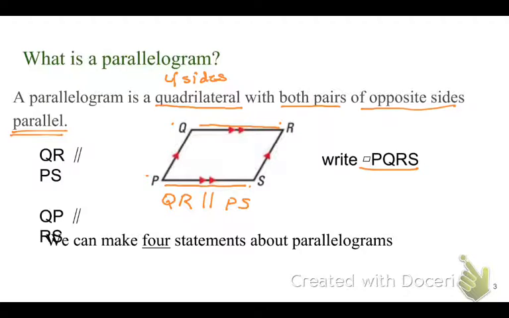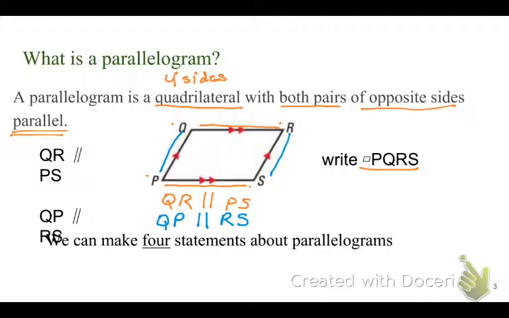It's also telling us that line QP, which is right here, is parallel to line RS. And it turns out those are very powerful statements when you have those two lines being parallel.